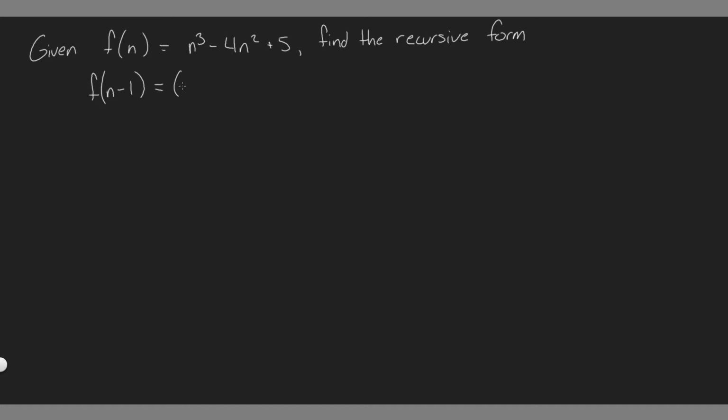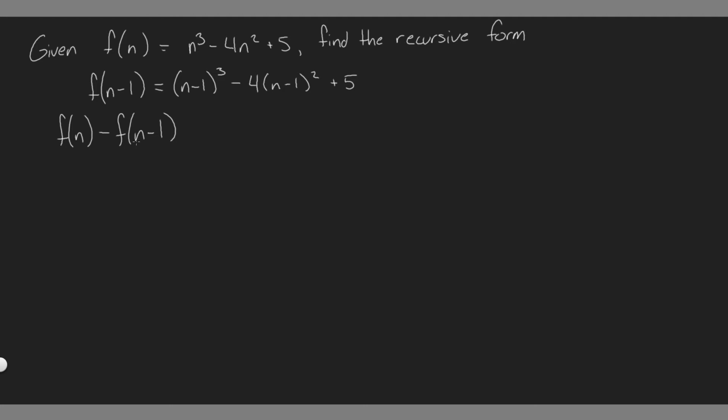So if we go ahead and plug that in, we end up with this right here. So from here, we want to find the value to transition from the previous step to the current step. So we'll get that once again through using subtraction right here.